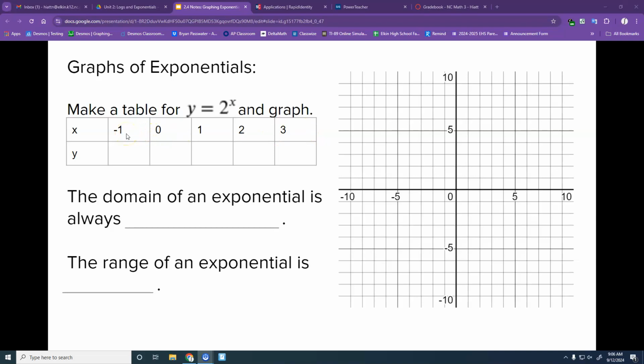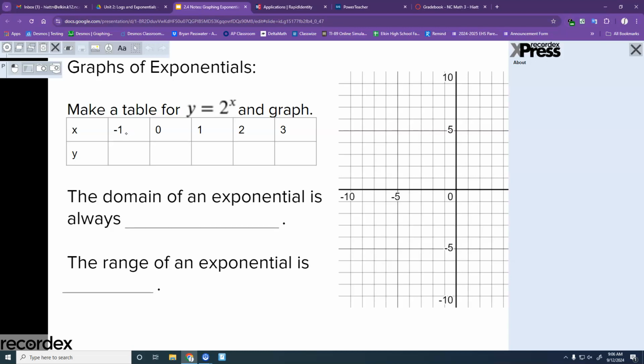Anybody know how to do 2 to the negative 1 power? Anybody know? It's going to be 0.5. Did you type it in or did you know it? Typing it in is fine. Does anybody know how to do that without typing it in?